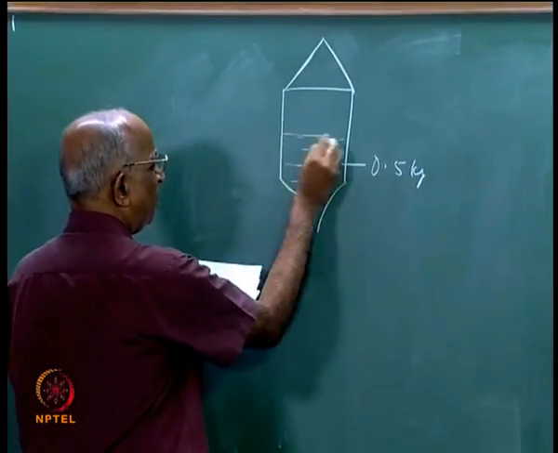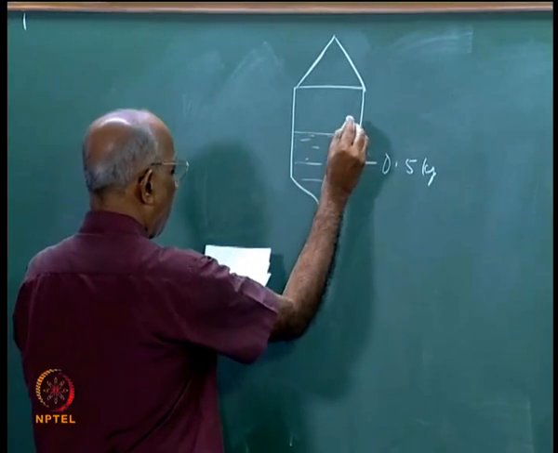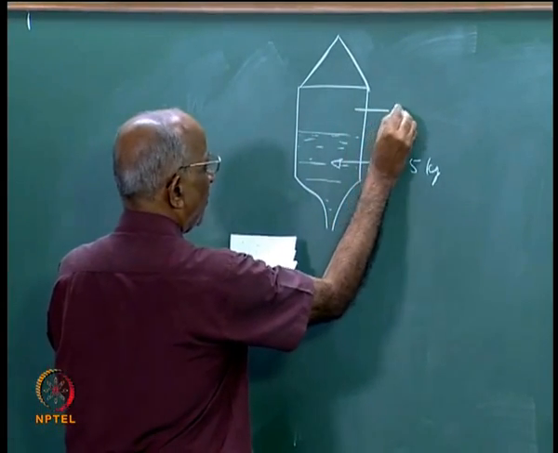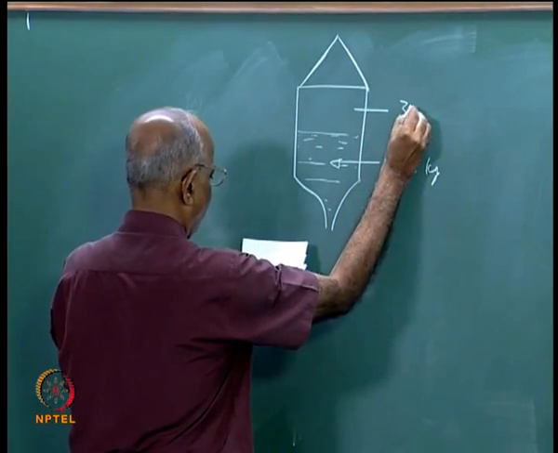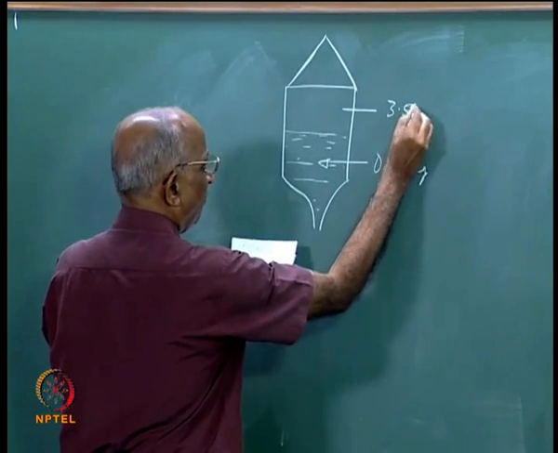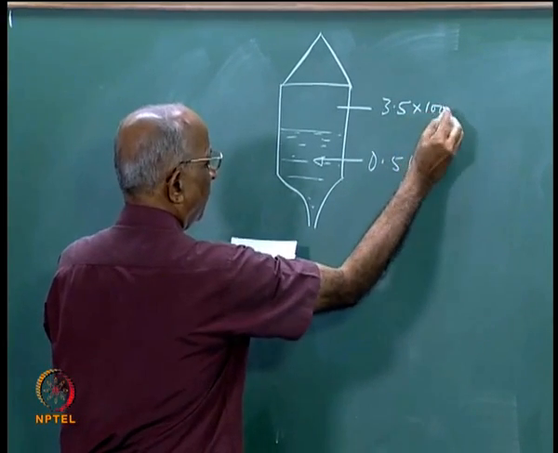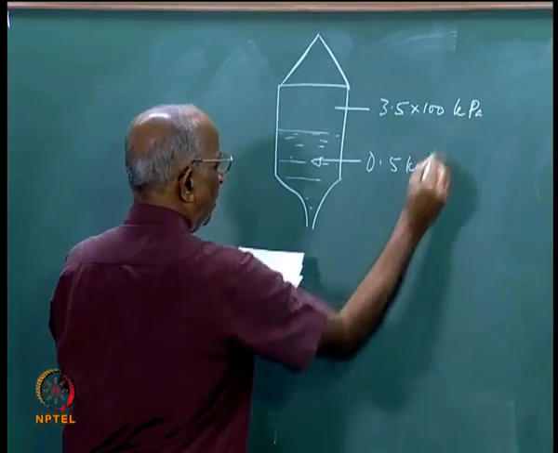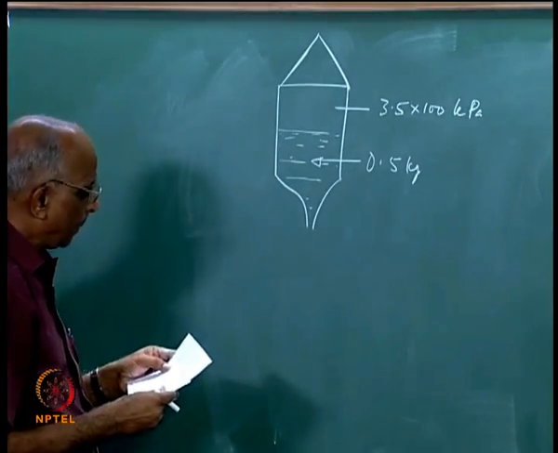The air, which is above, is relatively massless, and the pressure of air is 3.5 into 100 kilopascal, that is 0.35 MPa.